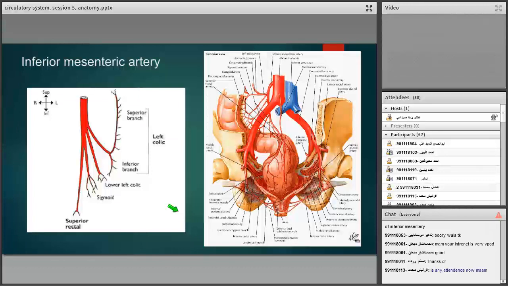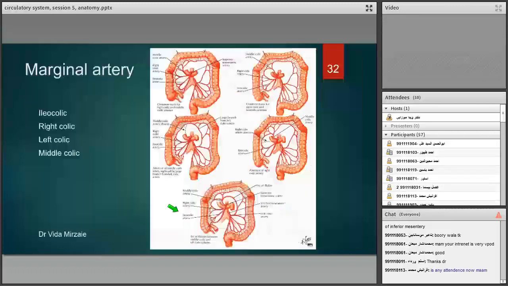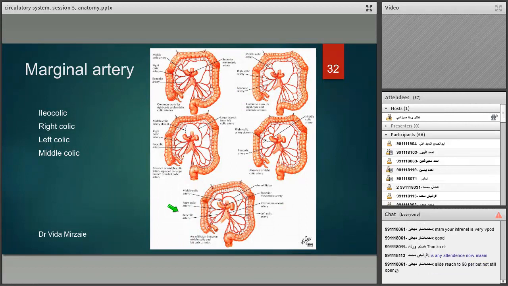Now, the last part that I want to mention to you is the marginal artery. It is very important in the clinics. Okay? The marginal artery is so important in the clinic.